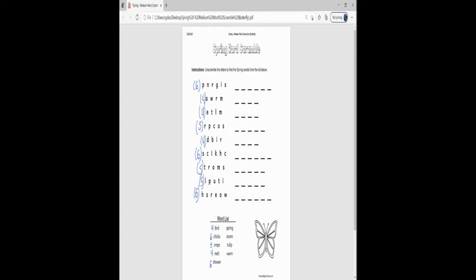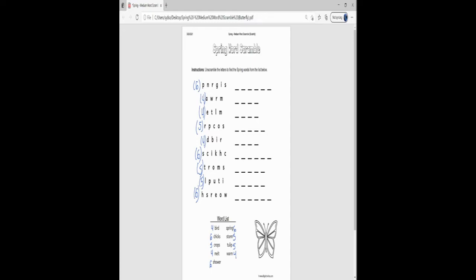Spring also has 6. Storm has 5. Tulip also has 5. And warm has 4. Okay, now we know how many letters each word and unscrambled word has.